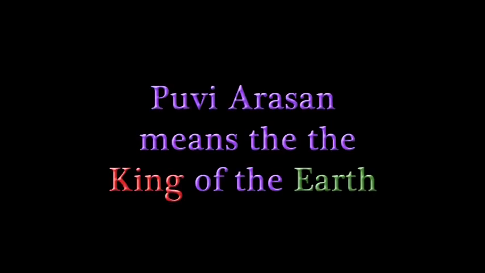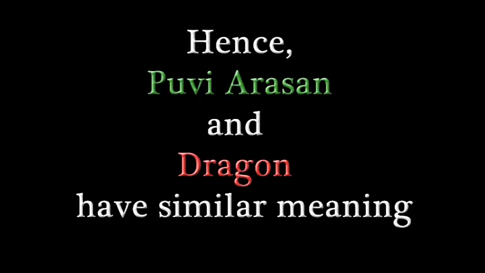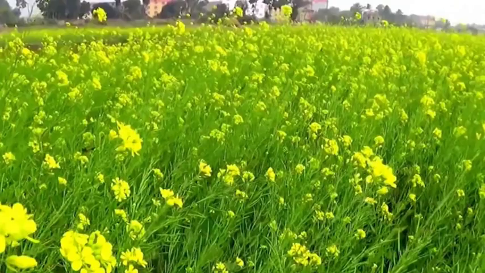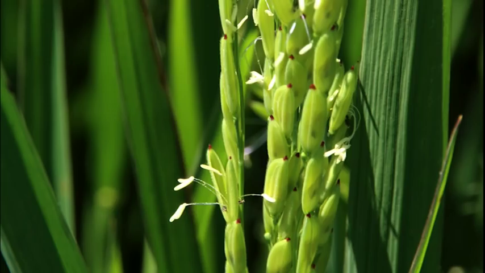Hence, Puvi Arasan means the king of the earth. As established earlier, dragon means the king of the ground. Hence, Puvi Arasan and dragon have a similar meaning. We would now establish how the Tamil word Puvi means earth through agriculture. We all know that the agricultural plants flower first before yielding their final outputs.